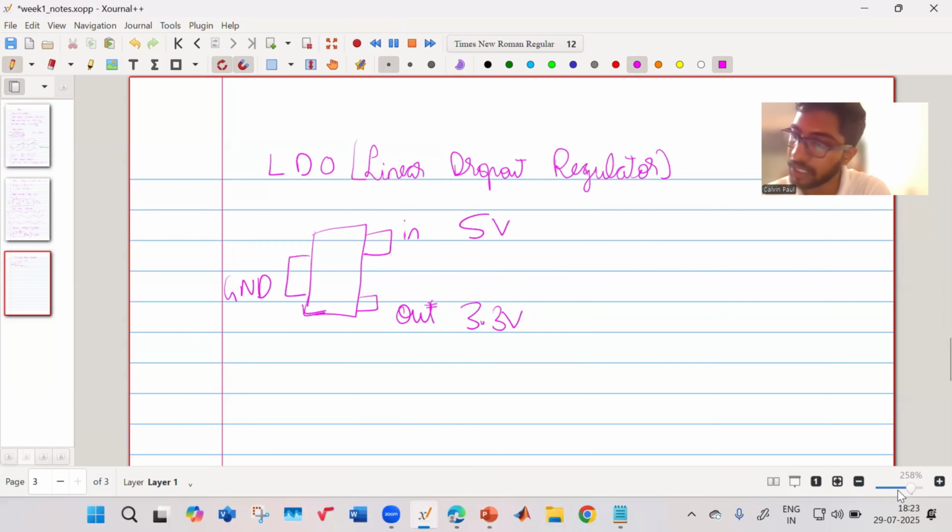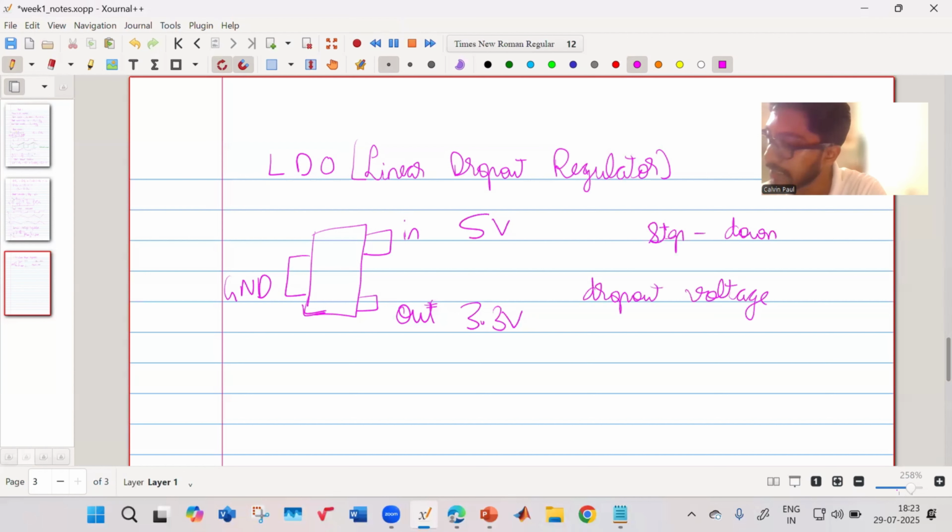There are limitations with this. One is it can only be used for step down. Also, they have what is known as a dropout voltage.